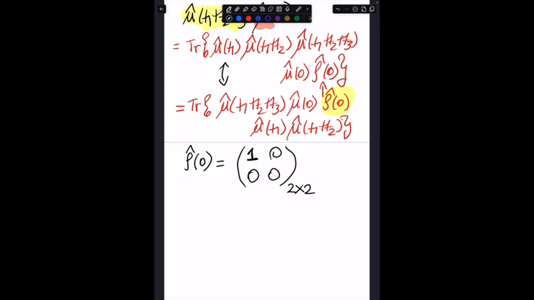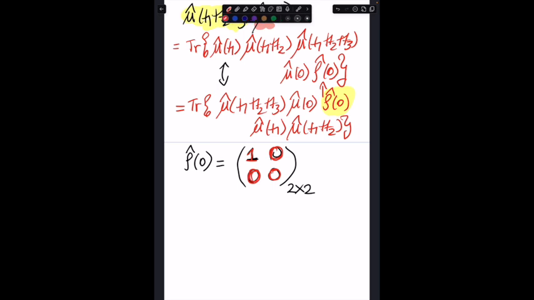As I had previously told you in the previous class, the diagonal elements correspond, in this matrix representation, to populations. So this corresponds to the population of the ground state, and this corresponds to the population of the excited state. And of course, there are no coherences or coherent states before any light field is incident on the sample.